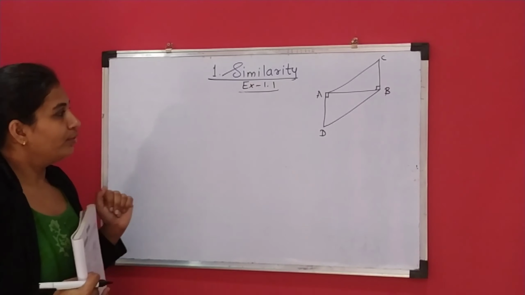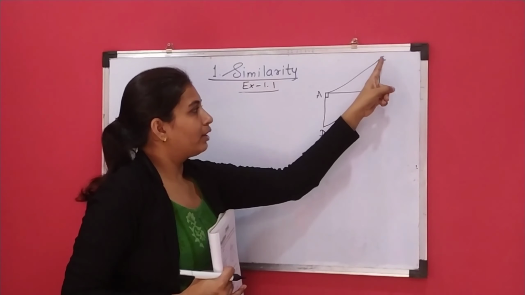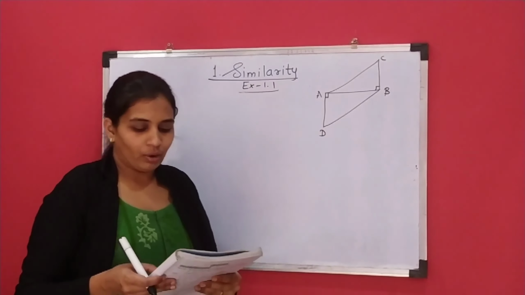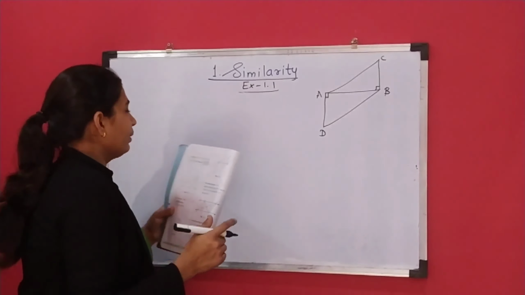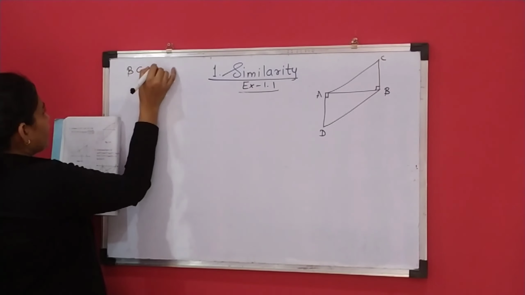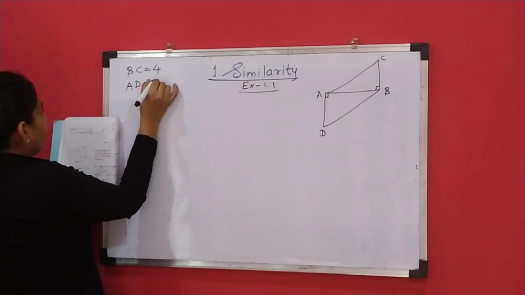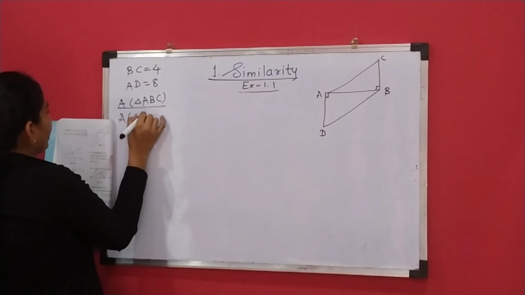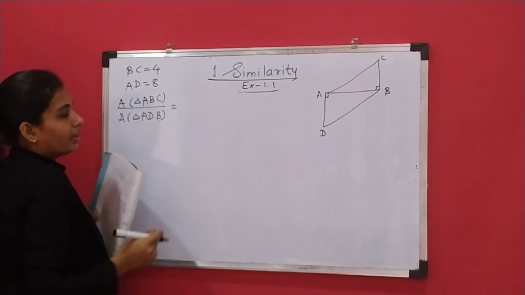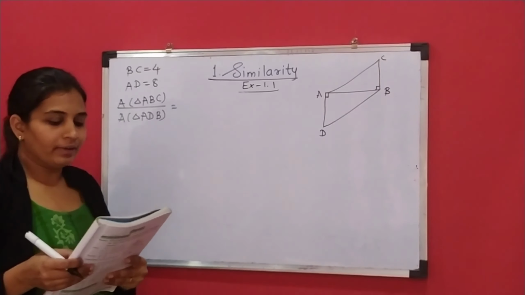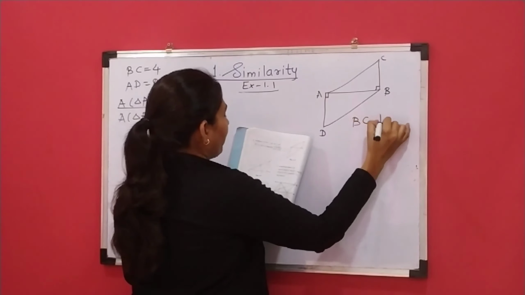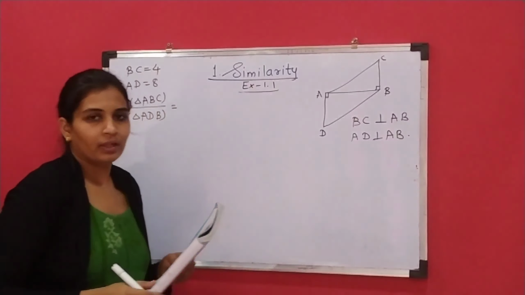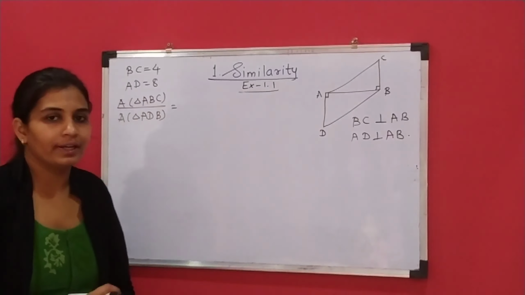The first right angle triangle is triangle CBA and the second is triangle DAB. Now we have given some measurements also. BC is equal to 4, AD is equal to 8, and we have to find the ratio of areas of triangle ABC and triangle ADB. The information provided is that BC is perpendicular to AB and AD is perpendicular to AB. Now we will find the ratio.